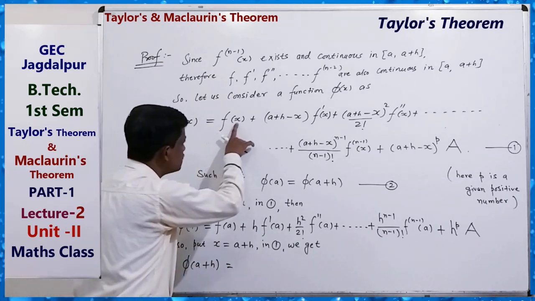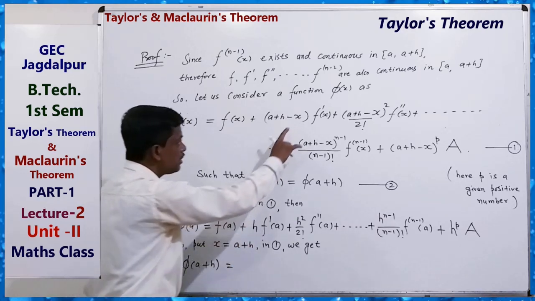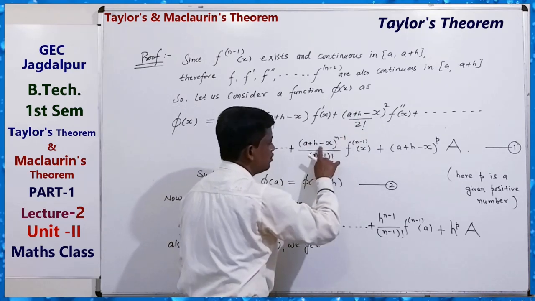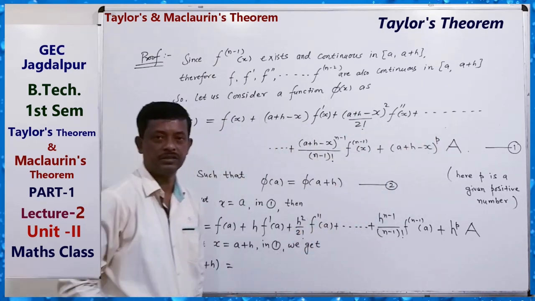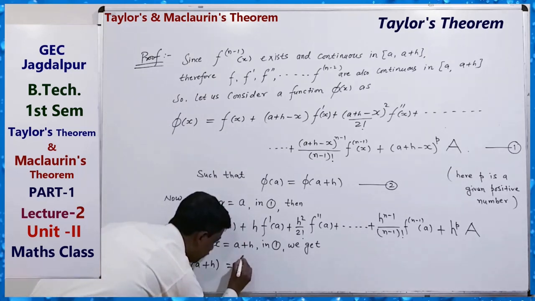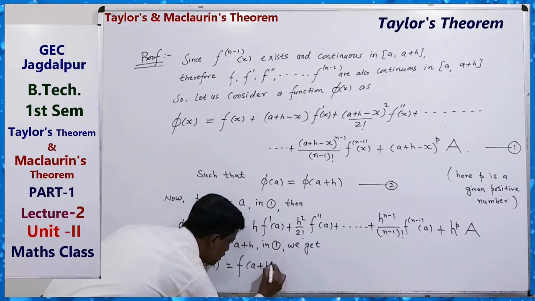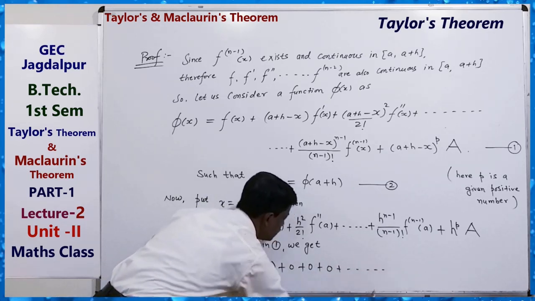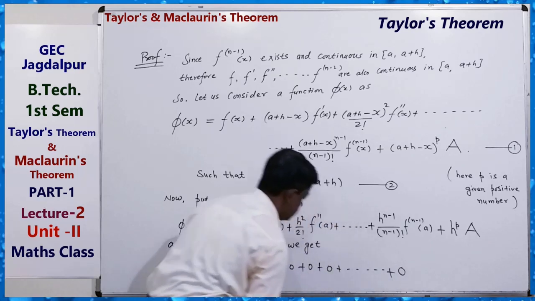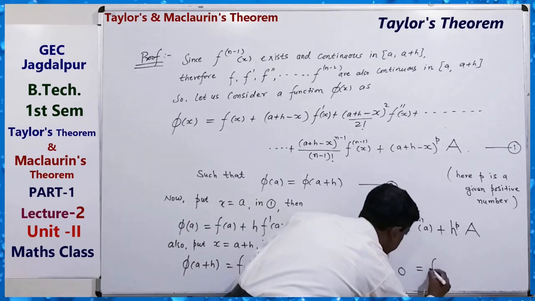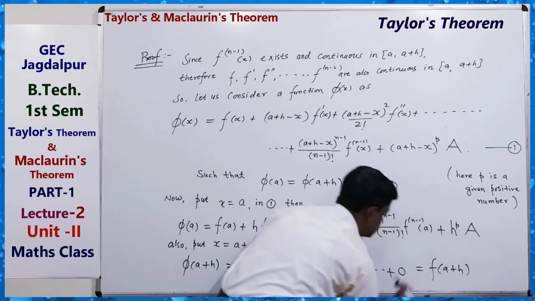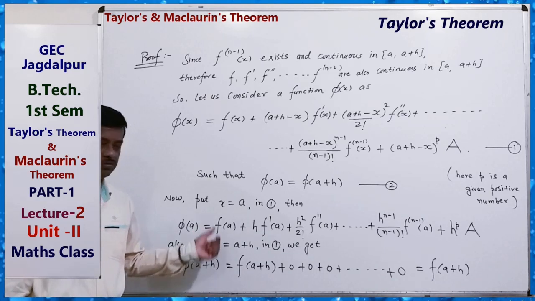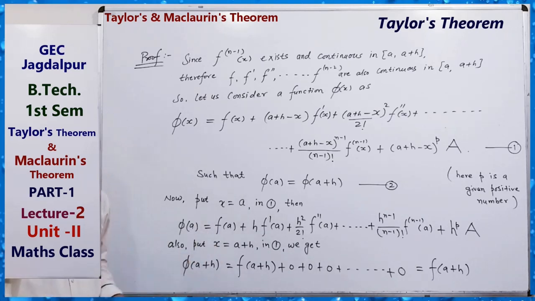So here a plus h minus x is 0, 0, 0. All terms are vanishing. So here f a plus h plus 0 plus 0 plus 0 and so on up to 0. So this equals what? f a plus h. So phi a plus h equals f a plus h. Just equate these two values.